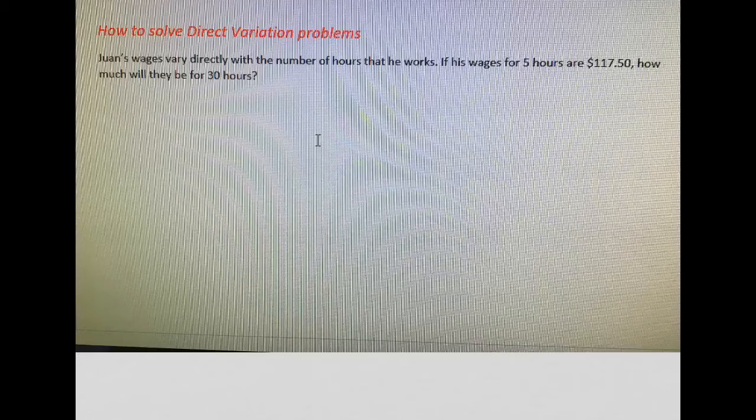With direct variation problems, the first thing that you want to identify is that phrase varies directly, because it's going to help you identify the y and the x values. Just so that you know, the phrase y varies directly with x is always true.